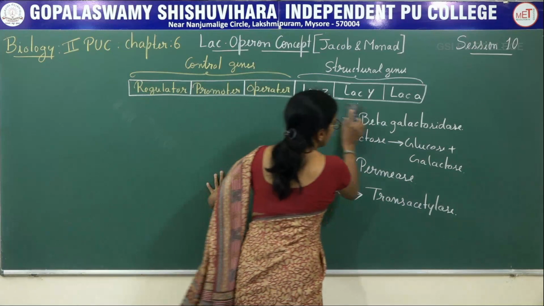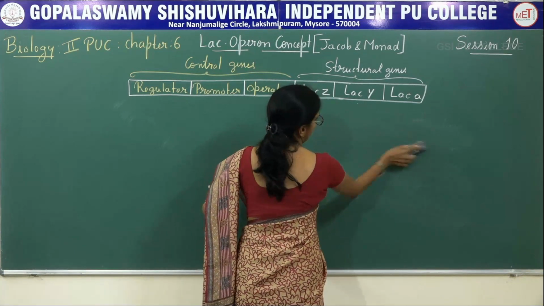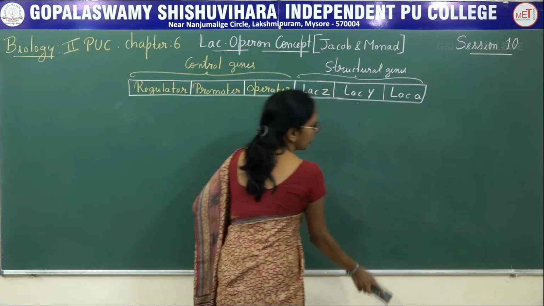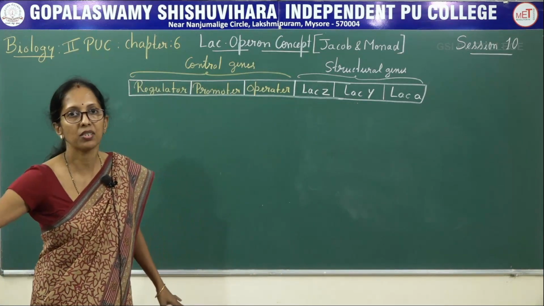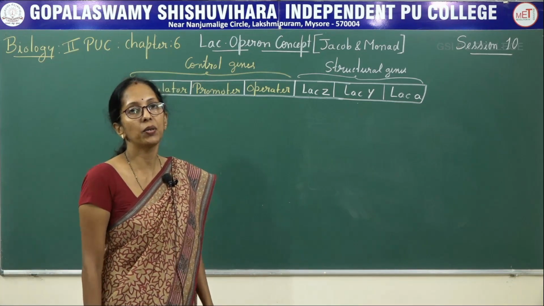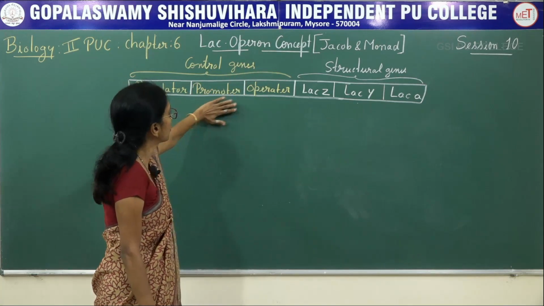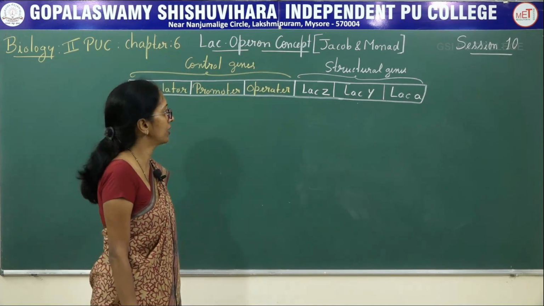Now coming to the lac operon concept, how it works. Sometimes the genes become passive and sometimes the genes become active. That is said to be regulation. So, the lac operon concept consists of control genes and structural genes.